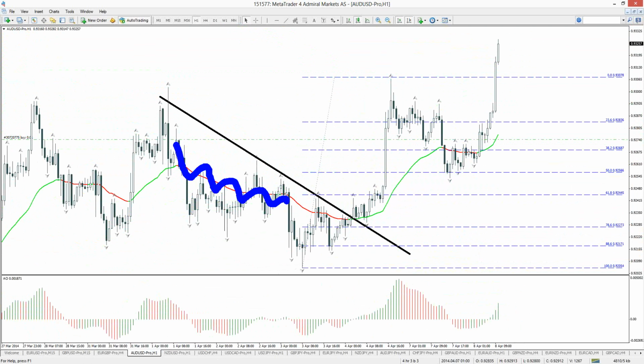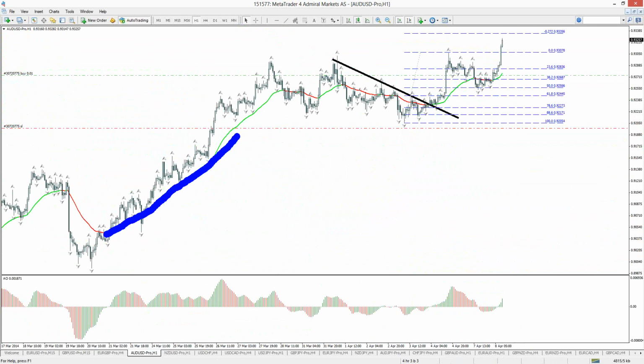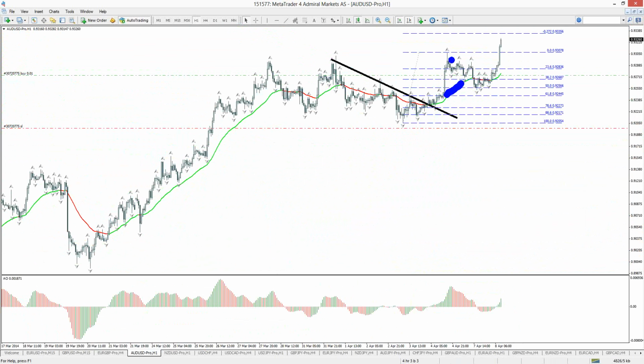Just by looking at the angle, we can see price is not too steeply angled. It's quite corrective. This had a steep angle, shallow, shallow, shallow, steeper, and when you have a steeper one like this and you get a pullback and price breaks above it again, that's when you could expect a continuation.